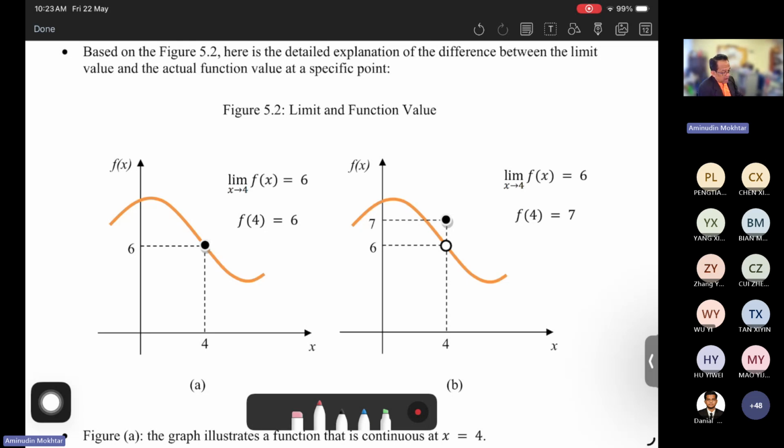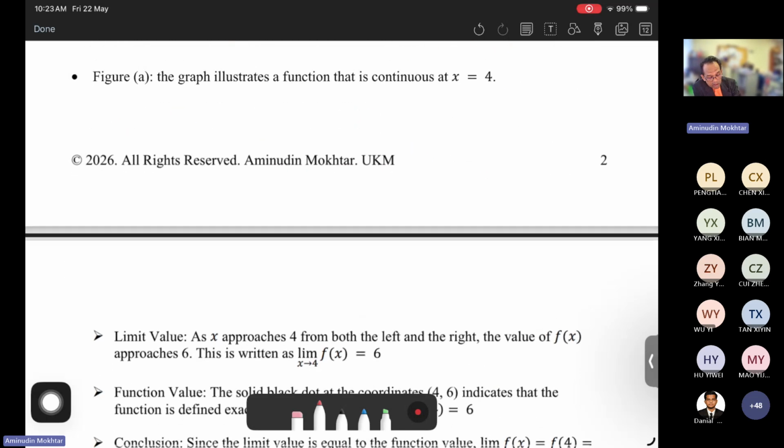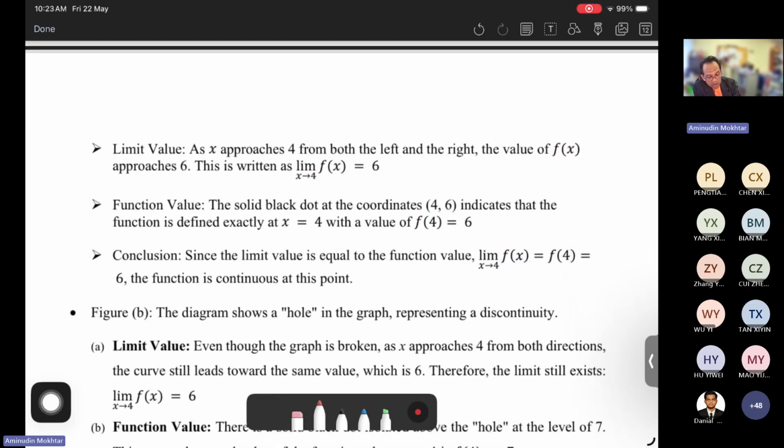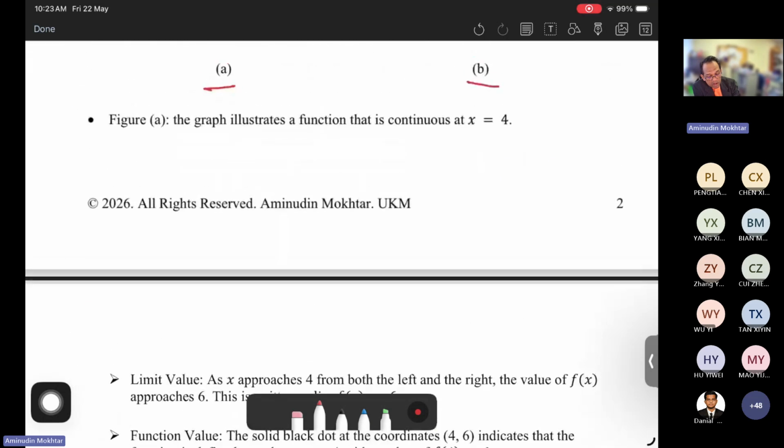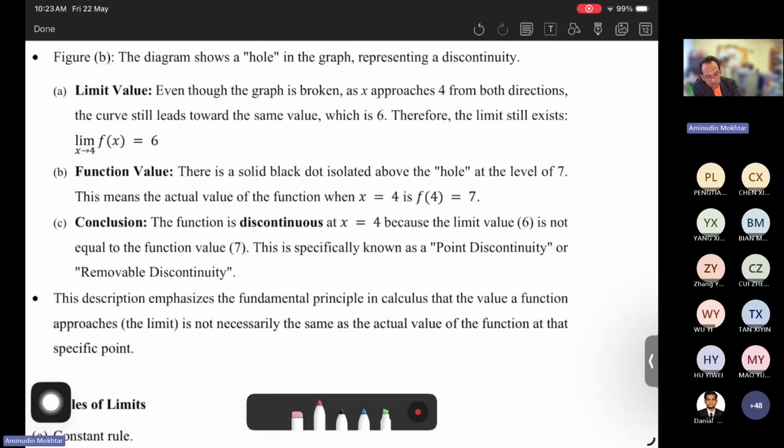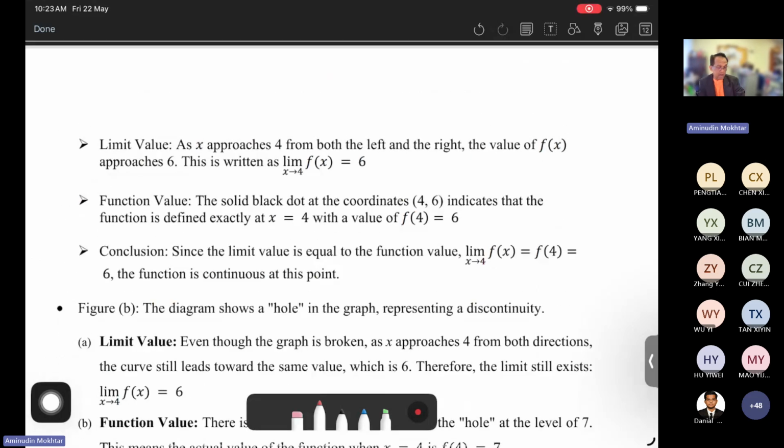There is also an explanation about the graph; you can refer to figure 2, page 2 and page 3.